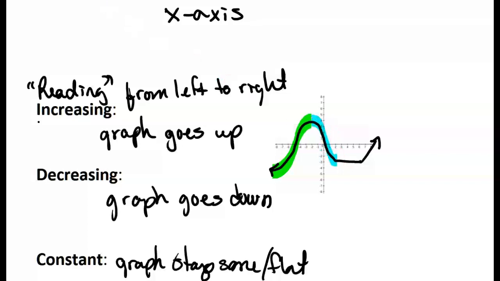Okay, so that's decreasing. Increasing, increasing, decreasing. Then this section right here is flat, so that's constant. The graph isn't going up or down, so it's constant. And then we have a little bit more going up again, so that's increasing again.